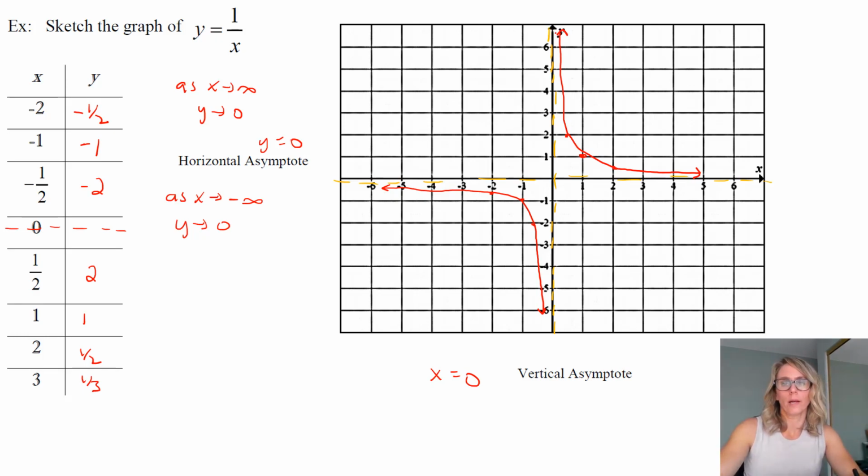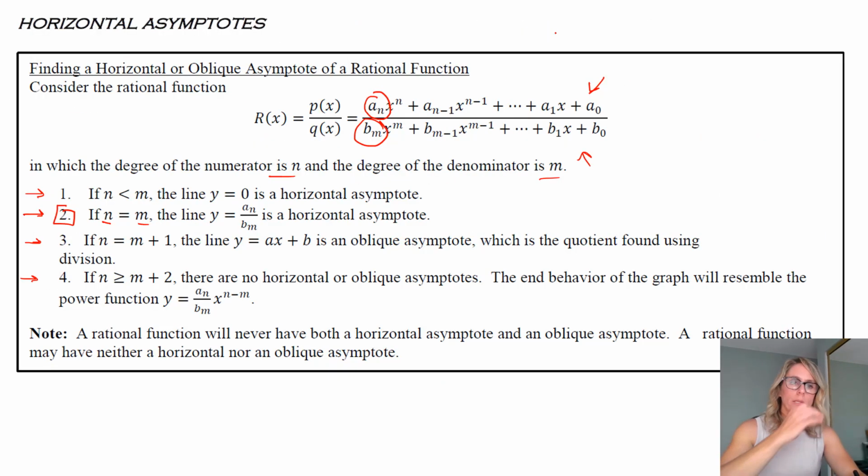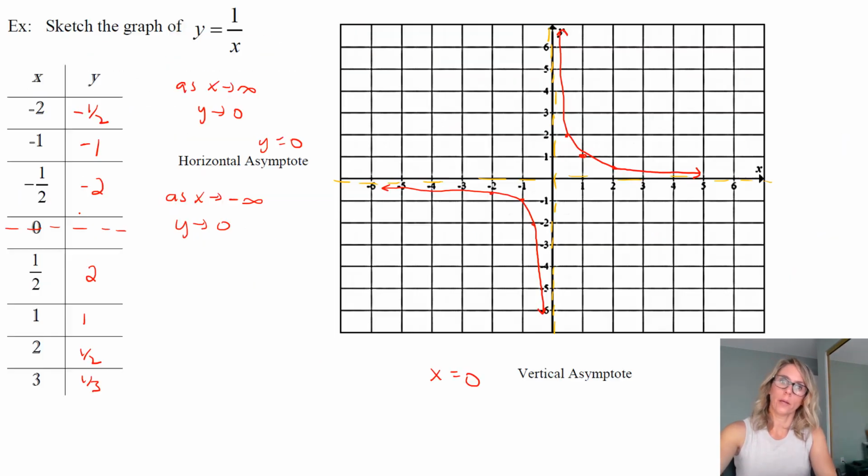In terms of this horizontal asymptote, if I come back to this example here, when we think about the horizontal asymptote, the numerator has degree 0 because there's no variable there. The denominator has degree 1 because you just have x to the 1.